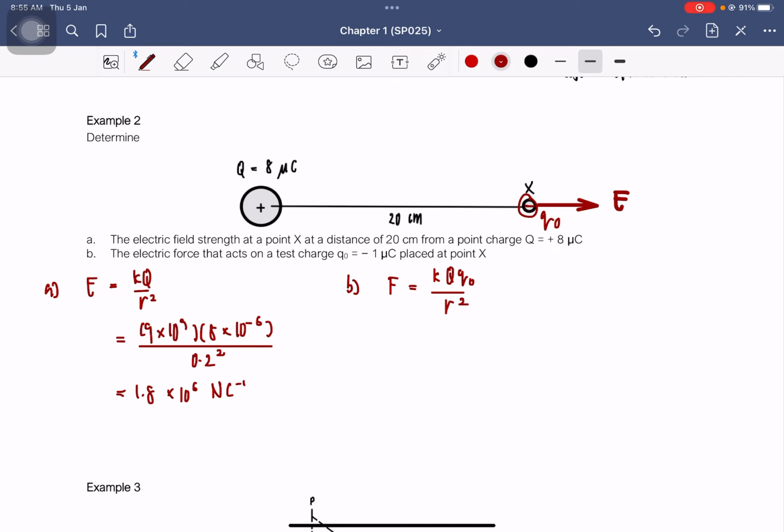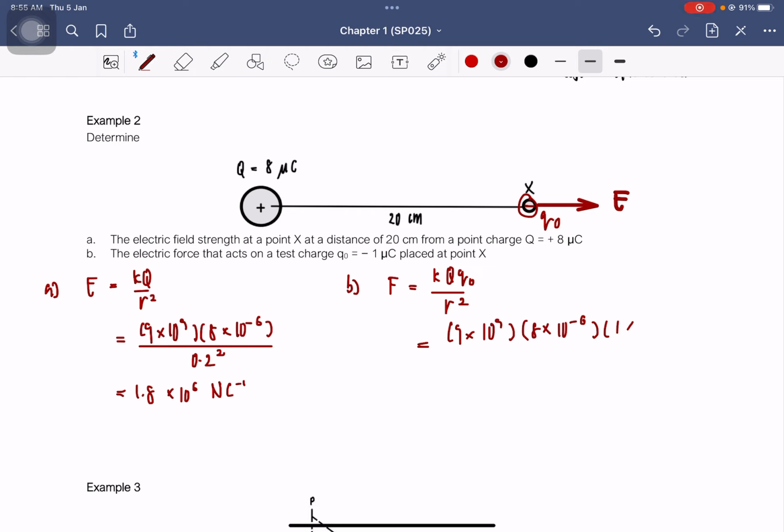Now we just have to substitute. You don't have to consider the sign, because for electric field strength and force, we ignore the sign. The sign is just telling us about the direction. It just helps us to draw the electric force and the electric field strength diagram.